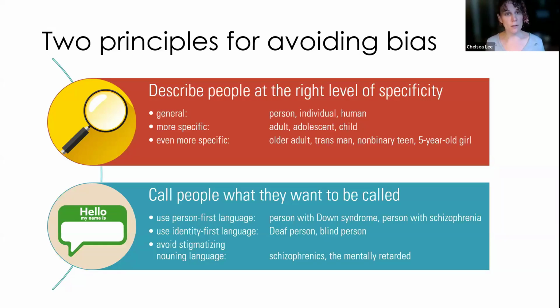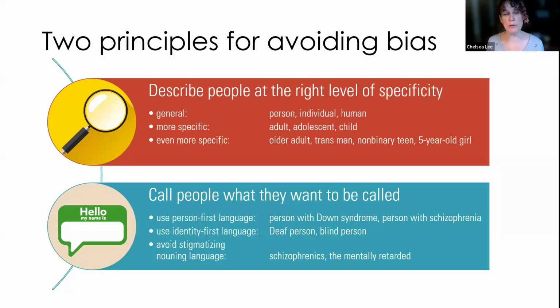Or identity-first language would be something like deaf person or blind person, where you have the adjective that comes before the noun. Those 2 language choices are generally considered inclusive and good ways to refer to people. Different people in different communities will have preferences over which one they prefer, and you should abide by those preferences when you get to that level of specificity.